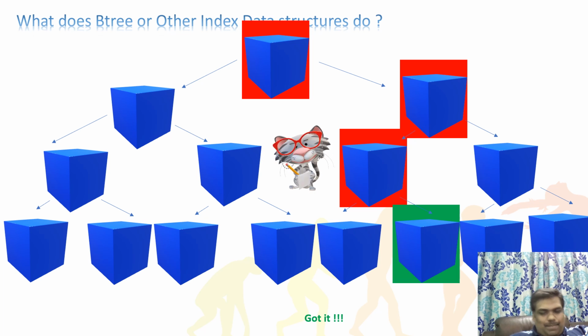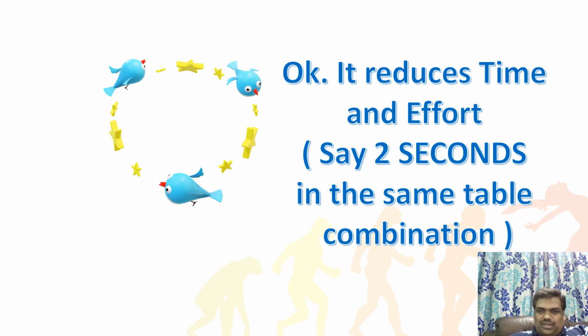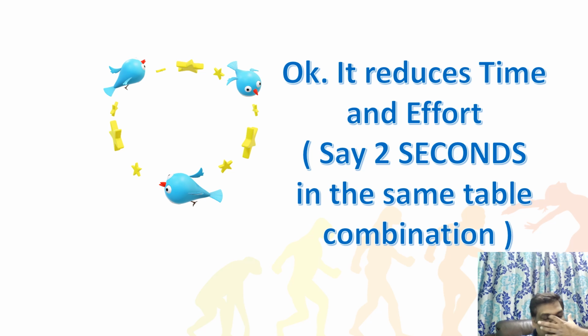But compared with the previous response time, this response time is far better. That one took 10 seconds and this one is taking only 2 seconds. It reduces the time and effort. The same table combination, it just reduces it, right? So this is the improvement from using the indexing concept.